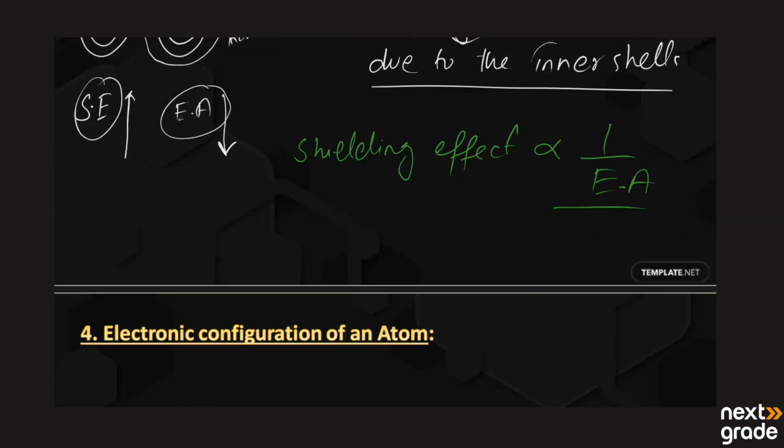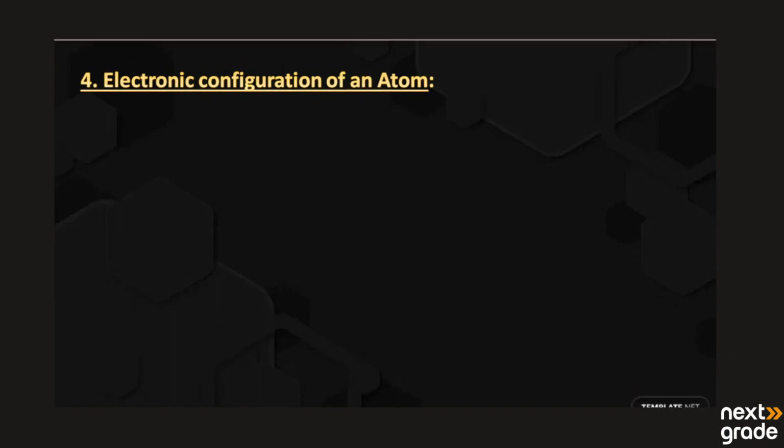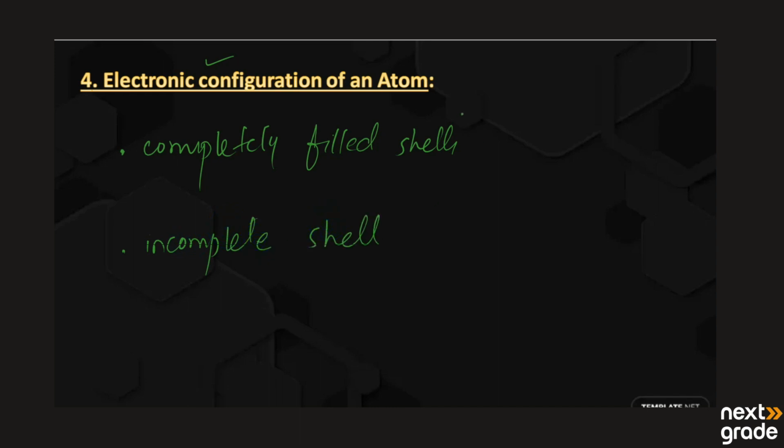Next, we have the last factor that is going to affect the electron affinity. It is the electronic configuration. It depends upon two things: completely filled orbitals, or completely filled shells we can say, or incomplete shells. When an atom has a completely filled outermost shell or subshell, there will be no electron affinity.